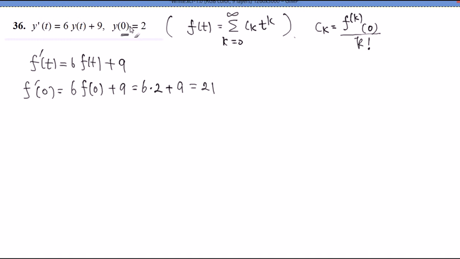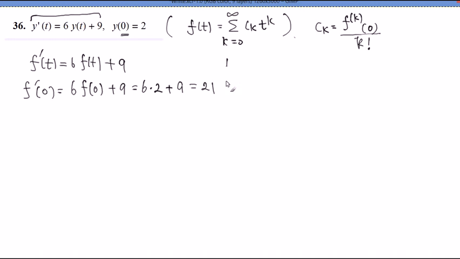So we know f of 0, we know f prime of 0, right? We need to know f double prime of 0, f triple prime of 0, and so on. But the first two values, f of 0 and f prime of 0, are nicely given by this equation. Because it's infinitely differentiable, which is argued in the solution of quiz problem number 4, you can still differentiate this one, right?